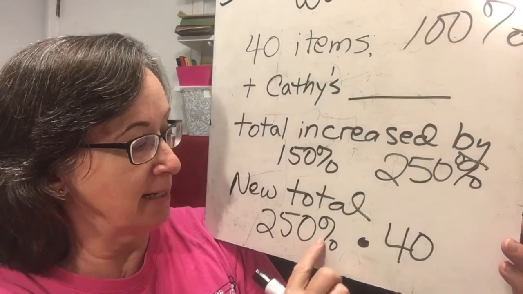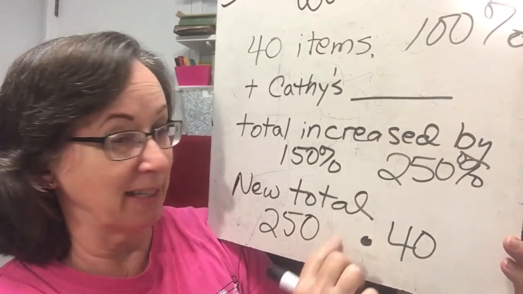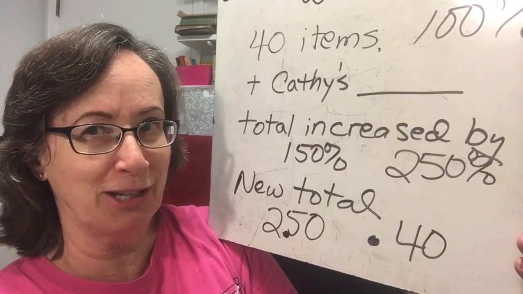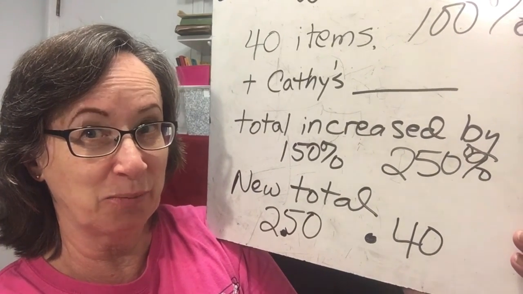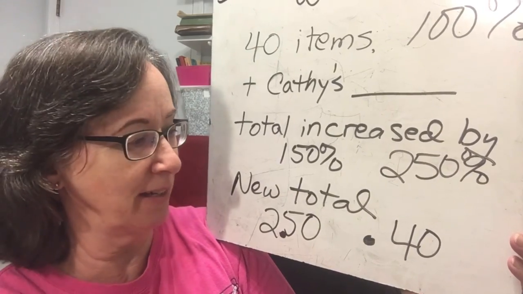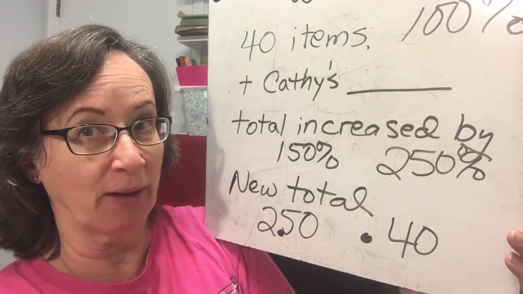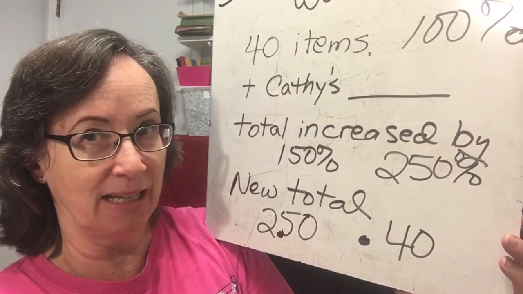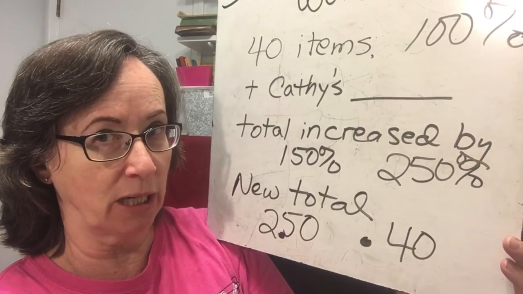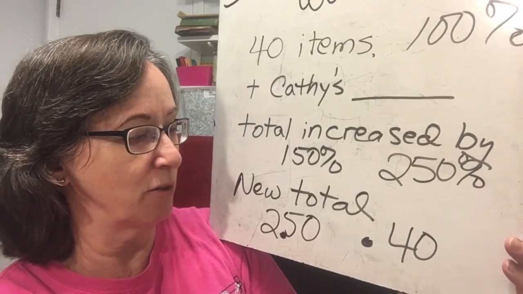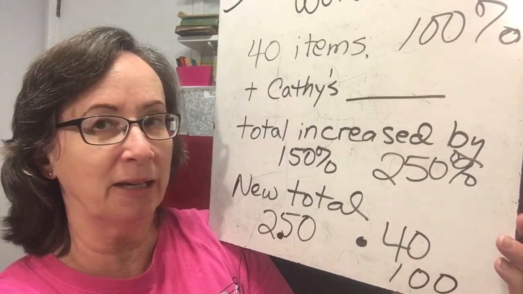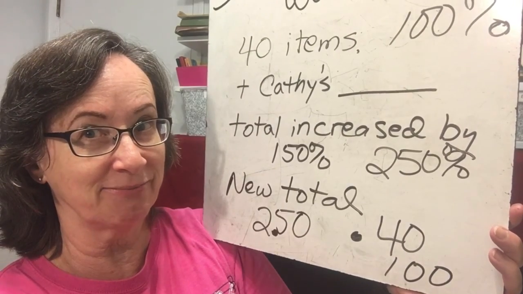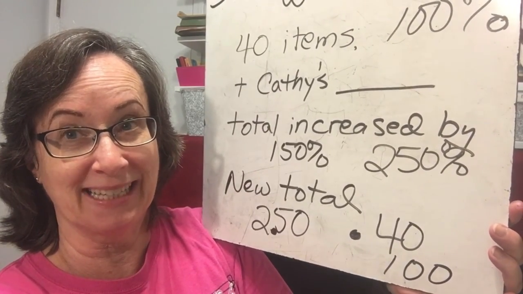Okay, and I think I will, because that's an easy way to work it. 250% is 2.5. 2.50 is 2.5 times 40. Okay, so 2 times 40 is 80, plus a half of 40 is 20. So now, don't they have 100 items instead of just the 40 they started with? That's pretty easy, isn't it?